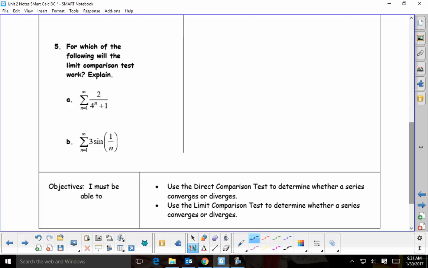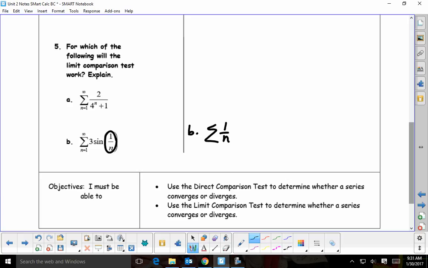That's when we actually look at the inside of the sine for our new limit, and for our new series that we're going to compare it with. You see that difference? Okay, so what are we going to compare b with? It's the inside, which is 1 over n.